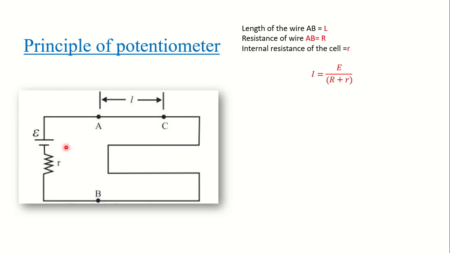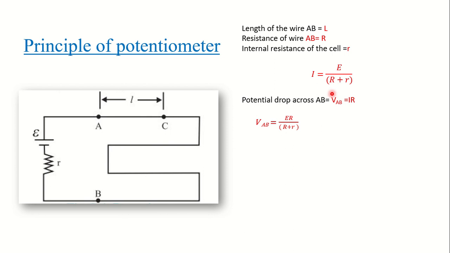So the amount of current flowing through the wire, according to Ohm's law, is I = E/(R + r). This represents the total resistance. Capital R represents the resistance of the potentiometer wire and small r represents the internal resistance of the cell.